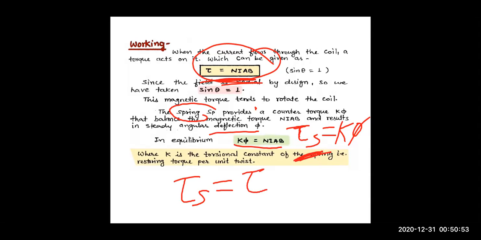That is, K phi becomes equal to NIAB. Here K is the torsional constant of the spring, or it can also be called the restoring torque per unit twist. If you make K the subject of the formula, K equals tau S upon phi. Tau S is the restoring torque, right? Restoring torque per unit twist, right?